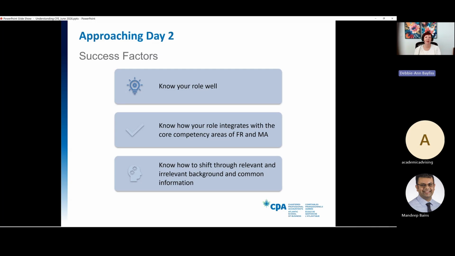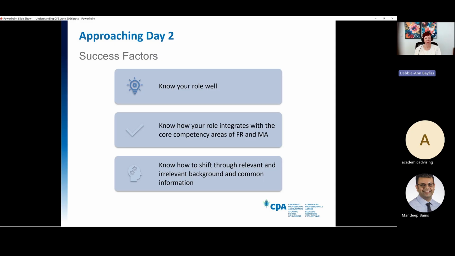So there are some very important success factors when it comes to day two. It's critical that you know your role well. You're being tested at the elective level, and I'm going to talk more about that. Know how your role integrates with financial reporting and management accounting.